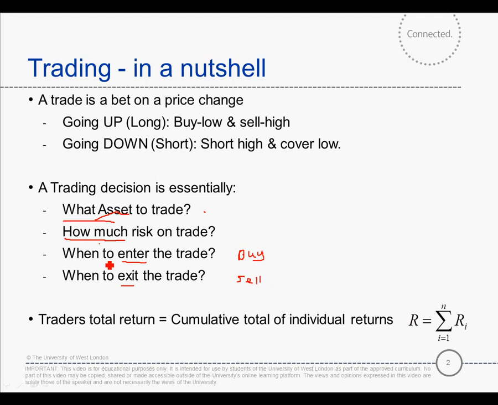Now, the when question is not necessarily one of time. It can be one of market conditions. You can say, I will buy when the price reaches that point, and I will sell when the price reaches that point. So you're defining the moment you buy and the moment you sell not in terms of the time or the date, but in terms of the price level.